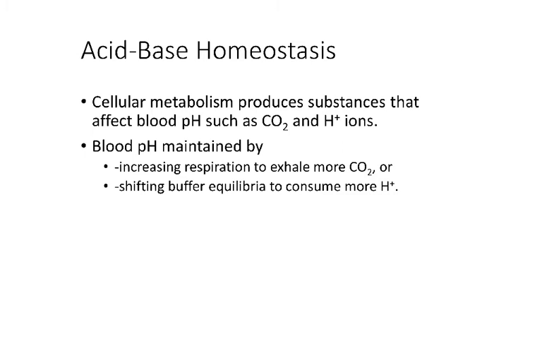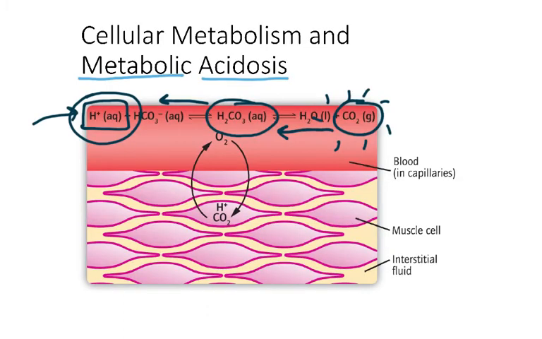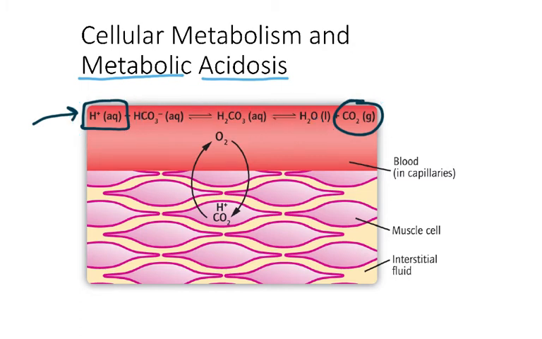So if you increase respiration to exhale more CO2, then that can keep blood pH maintained, or shifting the buffer equilibria to consume more H plus. So doing something else, for example, adding, let's look at adding sodium bicarbonate. This right here is bicarbonate.